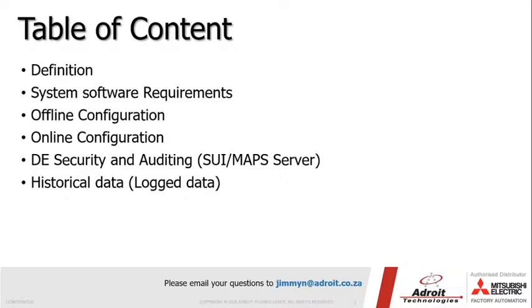Online configuration: interacting with the Excel add-in while connected to a running agent server. Data element security and auditing: interaction with the Smart UI or Maps server. Historical data: this is the retrieval of logged data from a logged tag.